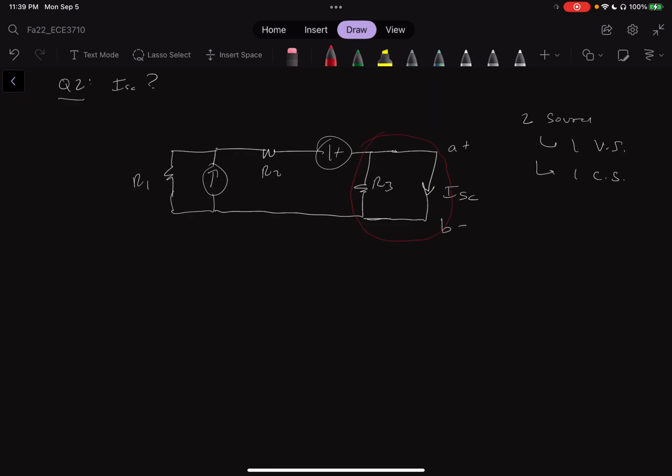This resistor R3 is in parallel to the short circuit current, meaning I can remove R3. So I'm going to simplify. So I am removing R3.